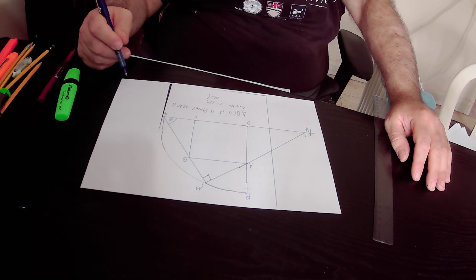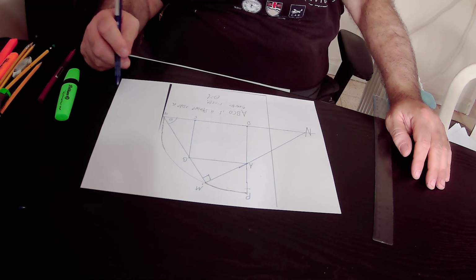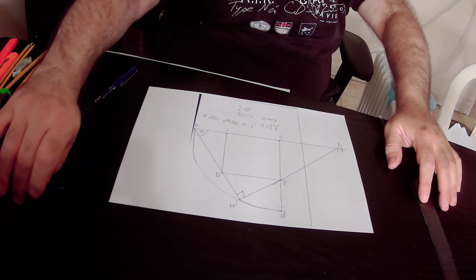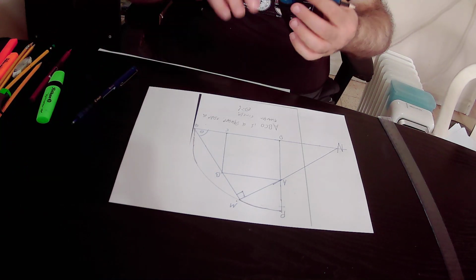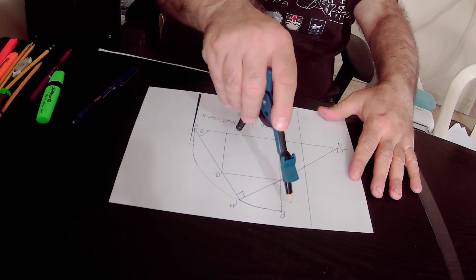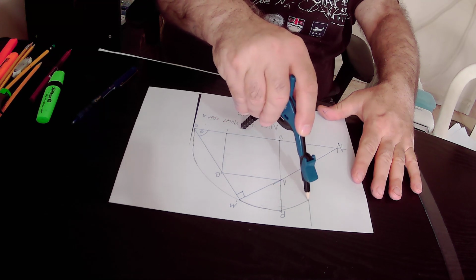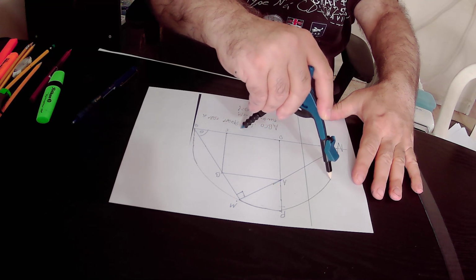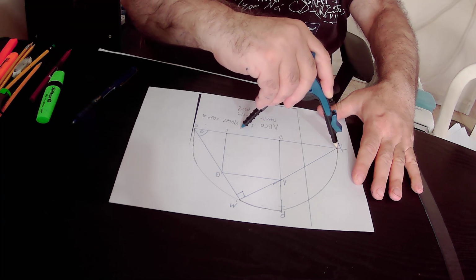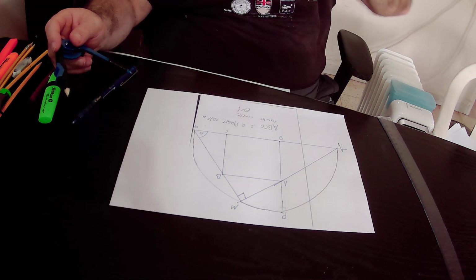In the next step, we will create from the quarter circle a semicircle. So we created a semicircle from the quarter circle.